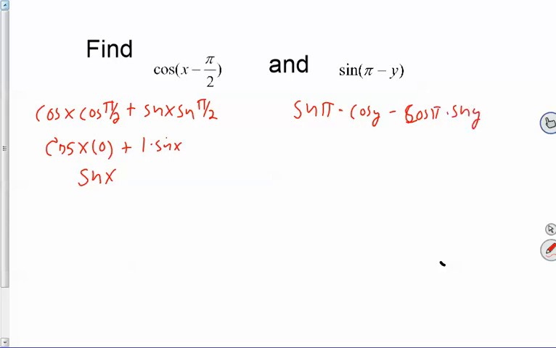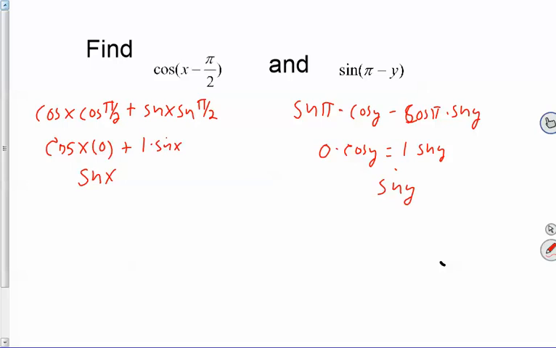Well, what's the sine of pi? I think sine of pi is 0. So yeah, it's 0 times cosine y, and what's the cosine of pi? 1. This is just the sine of y.